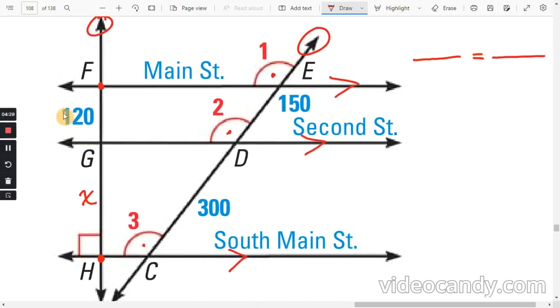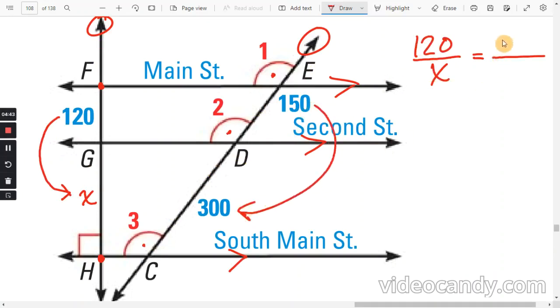I'm going to do this line first, so let's do 120 divided by X. And the other street, you want to do the same way. We're going to do 150 divided by 300. I can do it in my head since 300 is 2 times 150. X is going to be 2 times 120, which is 240.